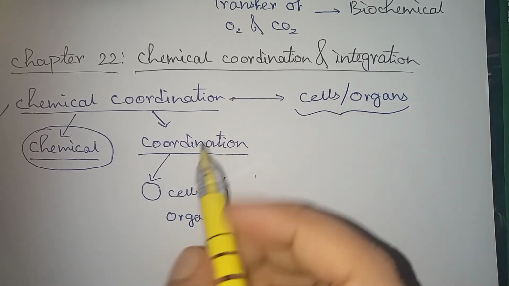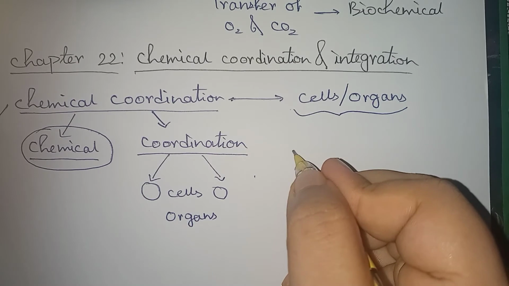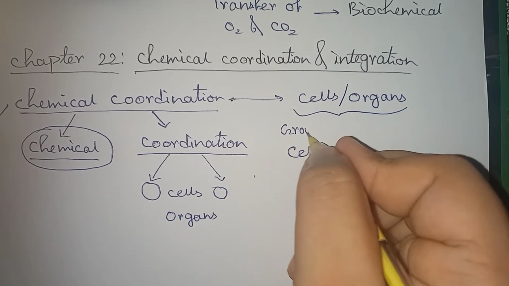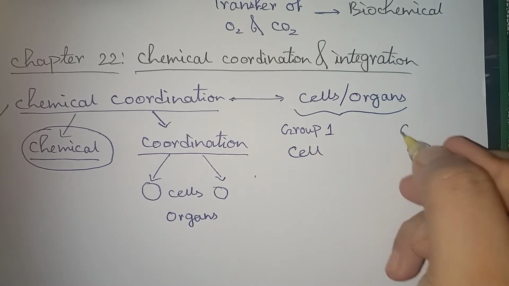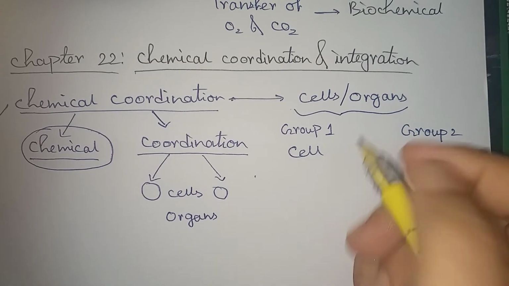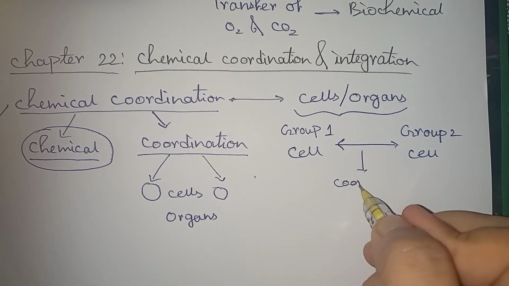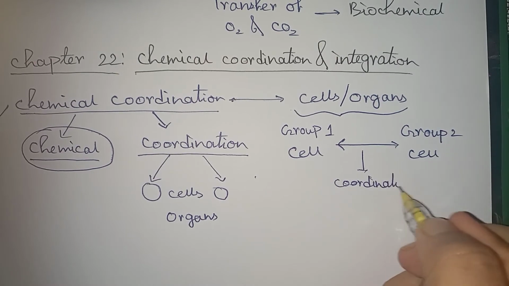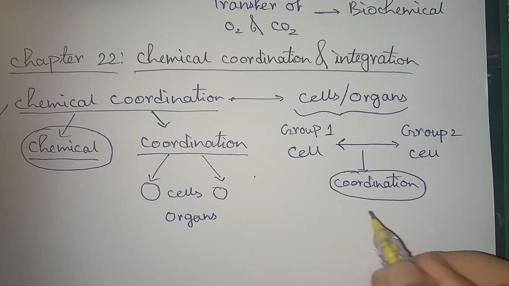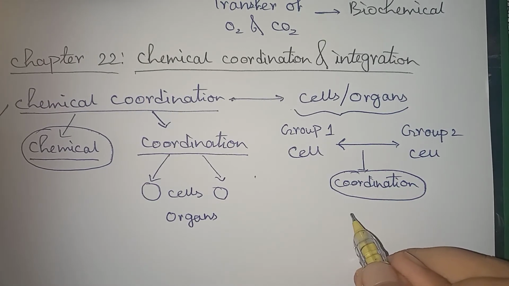Now here the coordination is between two cells, like a group 1 cell and a group 2 cell. So there will be one coordination between them. Where coordination occurs, there should be the presence of two cells or two organs.